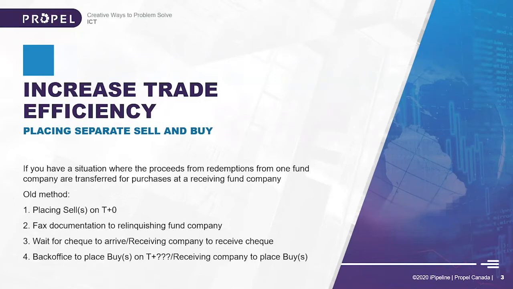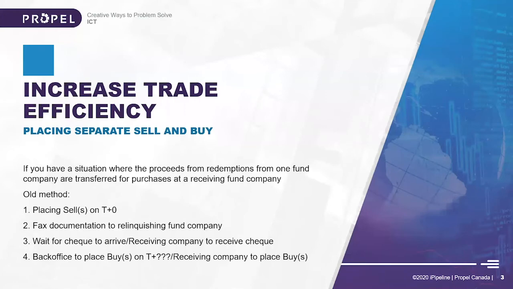That could take a few days, sometimes a week or so, and you really don't know when you're going to receive that check, nor, in the situation of T2033 or registered transfers, do you know when the receiving fund company will receive those funds from the relinquishing fund company. So you really can't ensure when the buy will happen. So on T plus, who knows really.